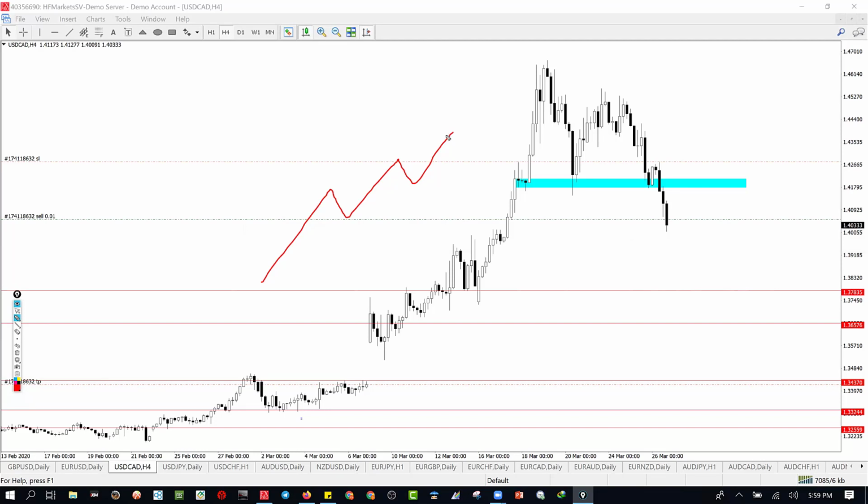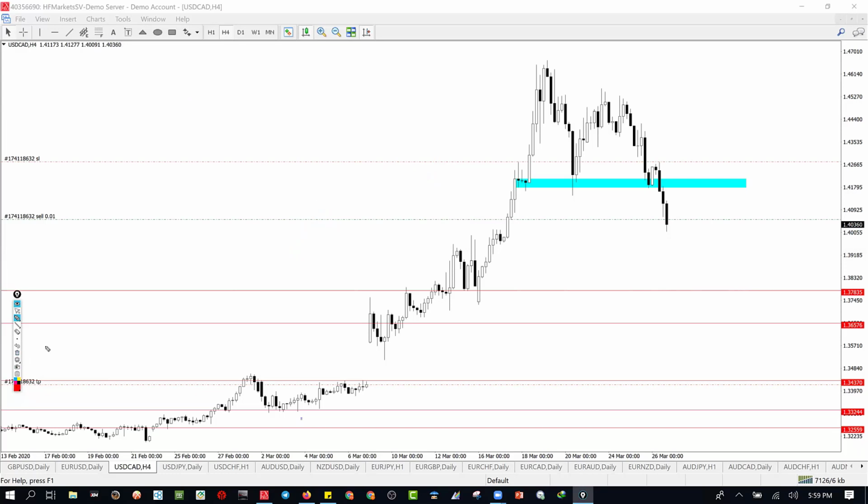These are the factors that help us make the right choice of which risk reward ratio to use. We don't just open our chart, take a trade, and say, okay, I want 2 risk ratio, 3 risk ratio. No, it doesn't work that way.